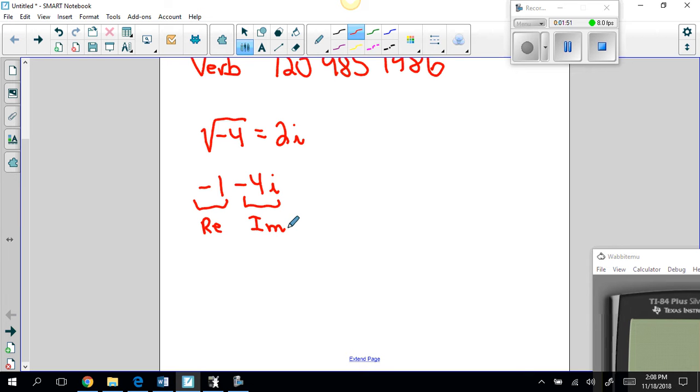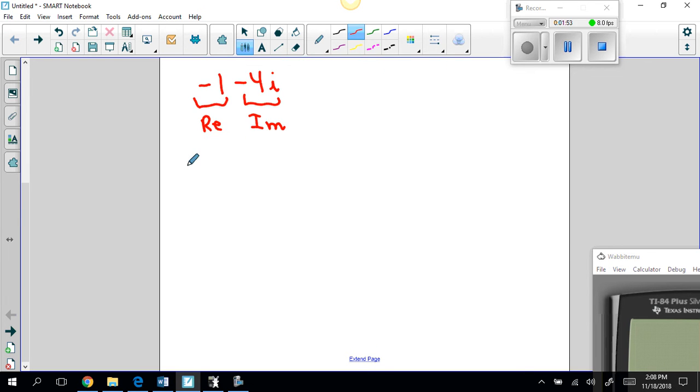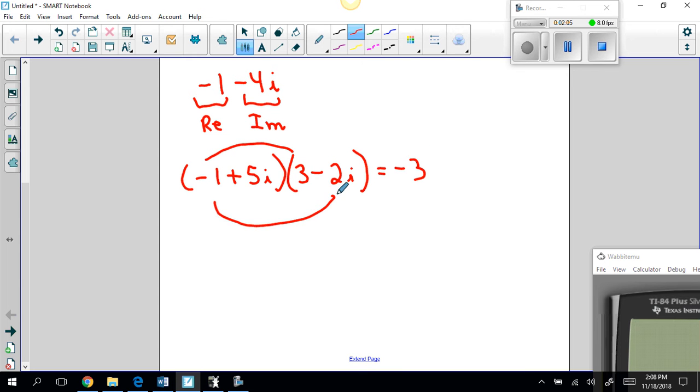Now, things we used to hate doing, I don't know about you, but I do. When somebody asks me to multiply complex numbers, you go first term, -3, outer term, plus 2i, inner term, plus 15i, and minus 10i squared.